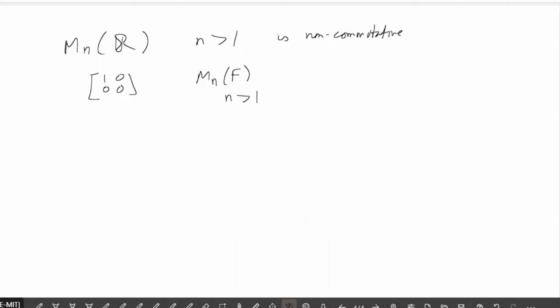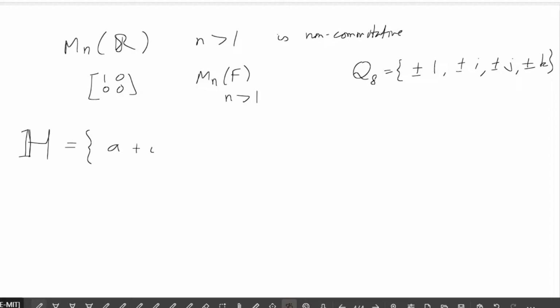Yes, someone already told me, quaternions. So we saw the quaternion group, right? This was the quaternion group, which is of course not a ring. To form a ring from this, you take, by Hamilton, sorry, not Hilbert, a plus bi plus cj plus dk.